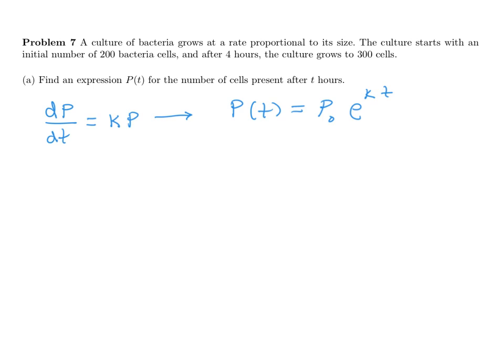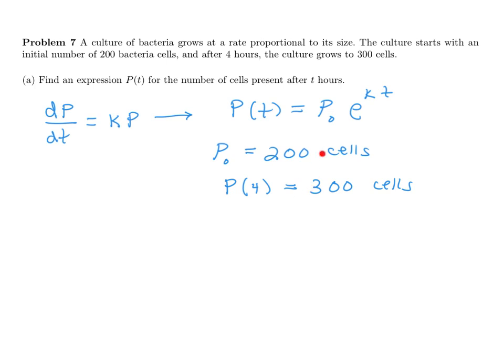From this problem, we know that P naught is the initial amount, and that is 200. That's given information. We could say 200 cells or 200 bacteria cells. And we're also told that after 4 hours, the culture grows from 200 to 300. If we're using this as our formula, this means if you plug in 4 hours for t, the number that you should get back is 300 cells.